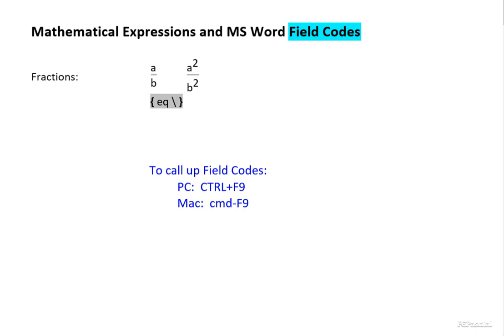For a fraction, we next type F, of course, F for fraction. Type an open parenthesis, and we start our fraction with the numerator a. Type comma to separate the numerator from the denominator, which happens to be b. Then a closing parenthesis.